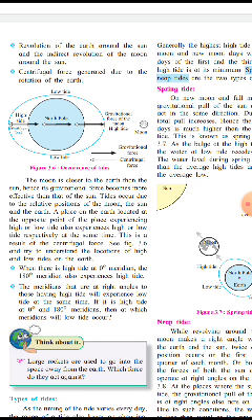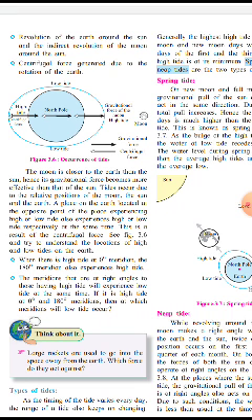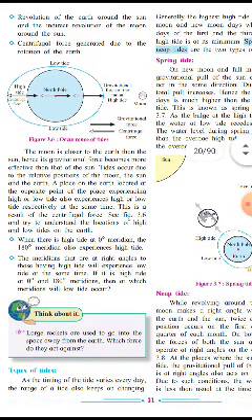A place on the earth located at the opposite point of the place experiencing high or low tide also experiences high or low tide respectively at the same time, and this is a result of centrifugal force. See in figure 3.6 and try to understand the locations of high and low tides on the earth.